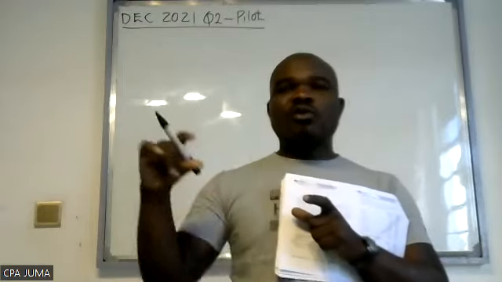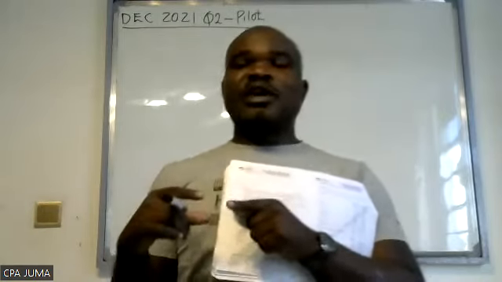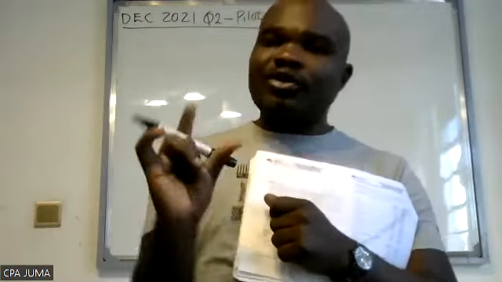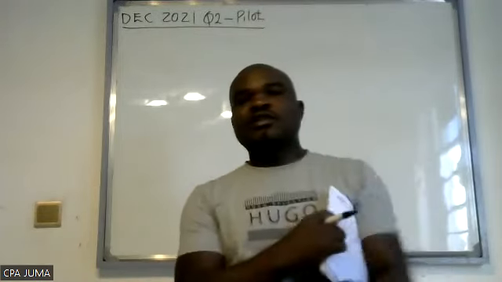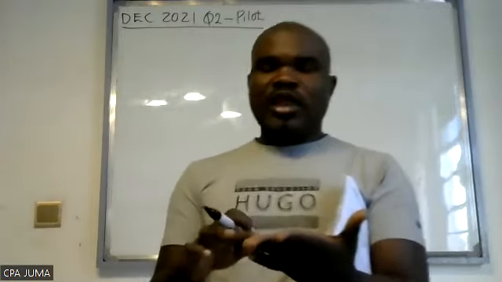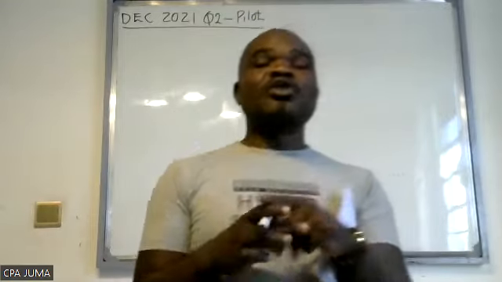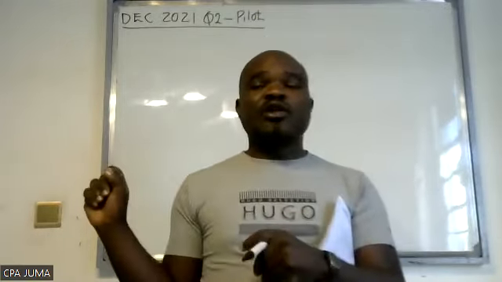Now, when you go to taxation, there is what we call allowable expenses. Allowable expenses are those expenses which you are allowed to subtract for taxation purposes. When you go to tax, utaambiwa that the doubtful debts which you're supposed to utilize to reduce your tax are those which are specific, not general.